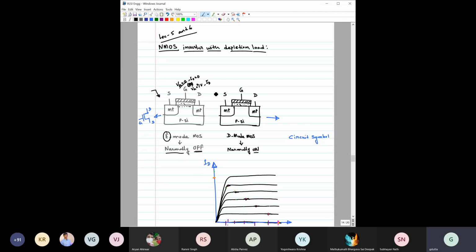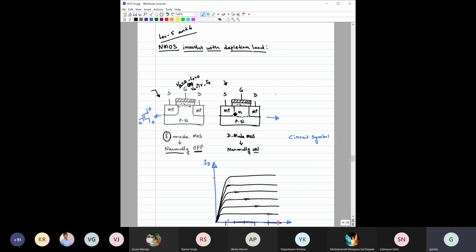Okay. But now you see for this type of transistor, what we have done is only a small change, between this N plus and N plus. So exactly the same thing. But here this region we have intentionally doped with N type.